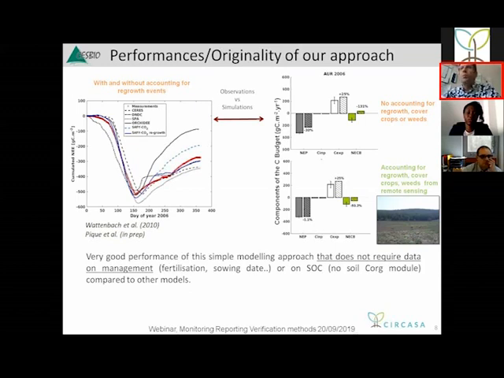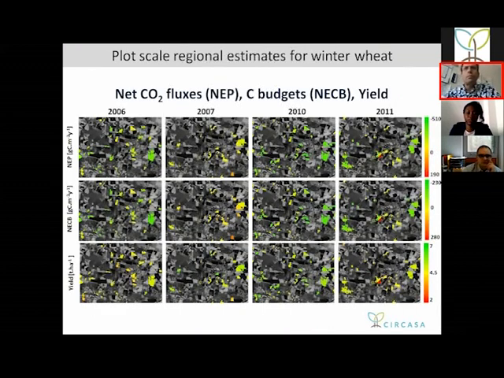The other modeling approaches do not allow that, and in a similar way, the satellite can take into account the development of spontaneous regrowth, or of course of cover crops and their effect on the carbon budget. And that shows the power of remote sensing for constraining this crop model and allowing it to take into account what occurs after the main crop is harvested.